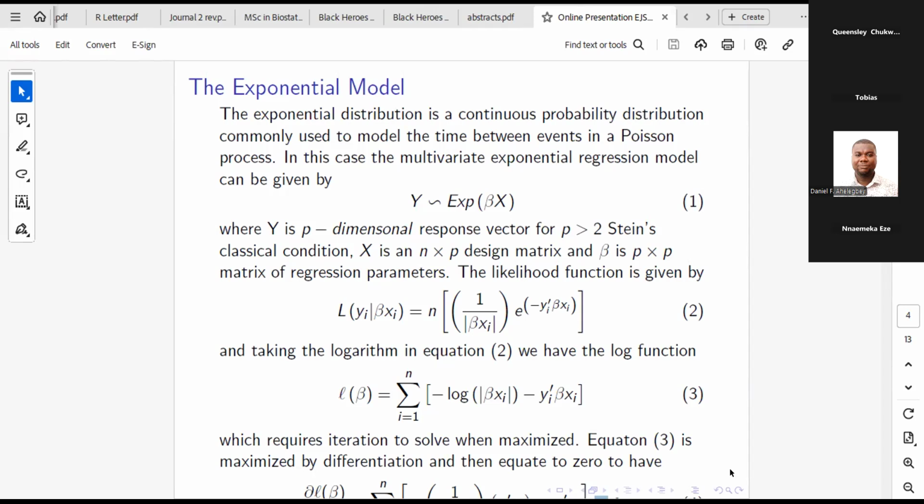Therefore, in this presentation, I've actually used a method which is used in bridge regression.